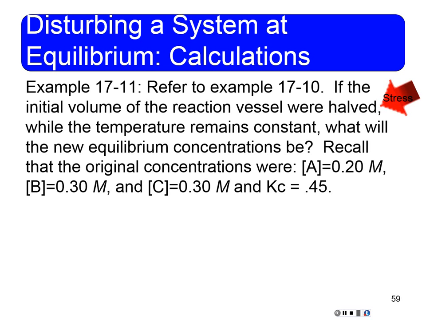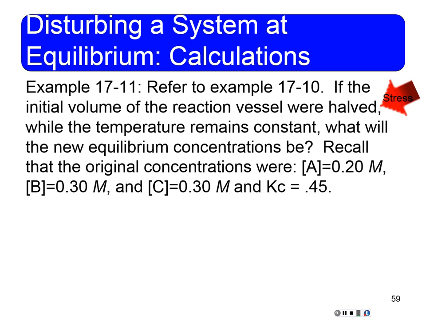This time we are going to halve the volume. So if we halve the volume, what happens to concentration? It increases, or it doubles, right? So we have the opposite going on here.